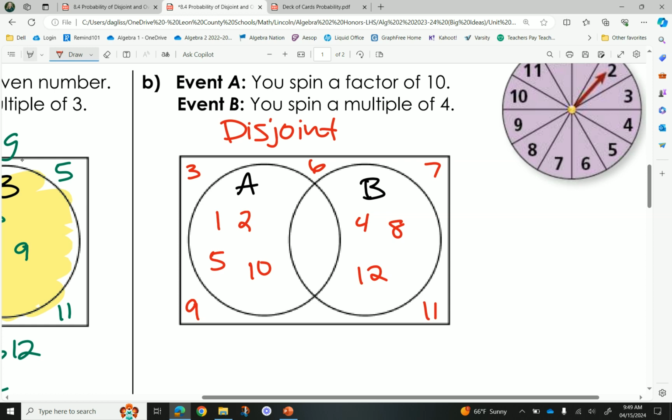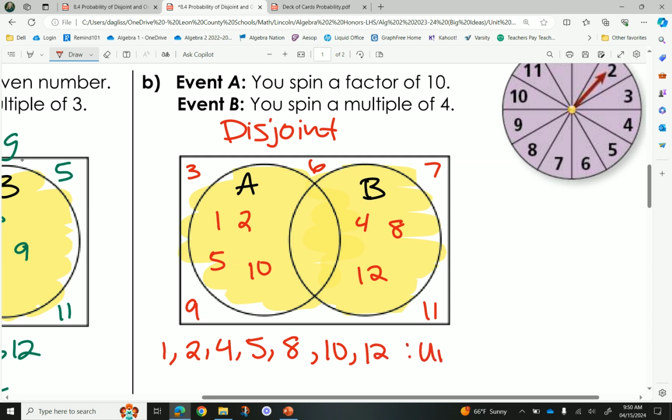It wants us to list the union, okay, of event A and B. So what are the number of ways A or B can occur? That is anything that is in a circle. So what numbers got put into a circle? 1, 2, 4, 5, 8, 10, and 12.